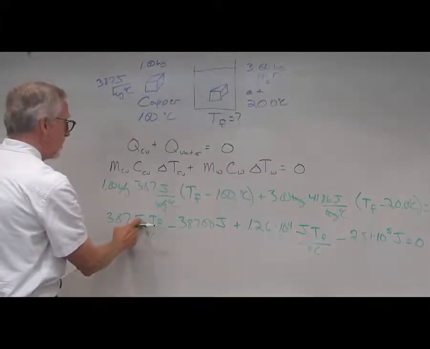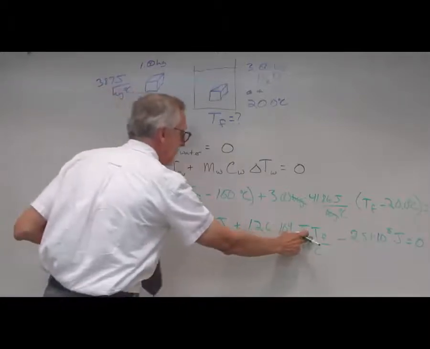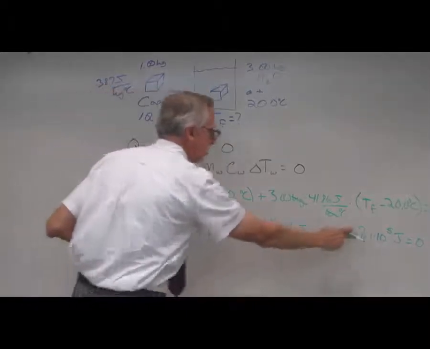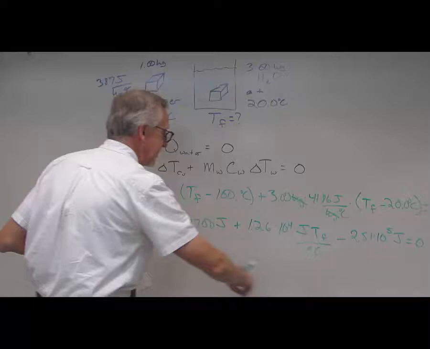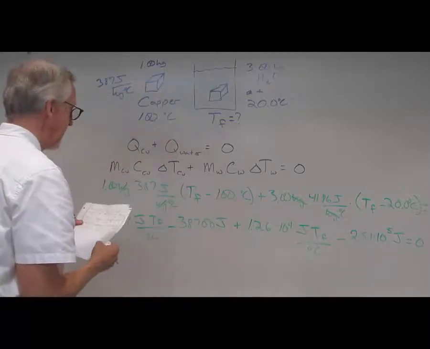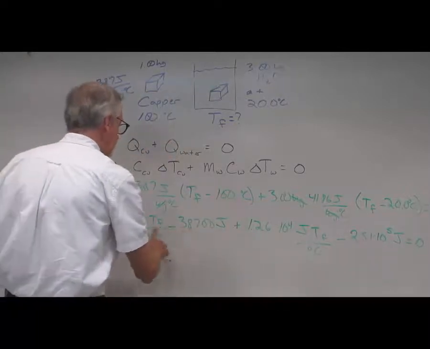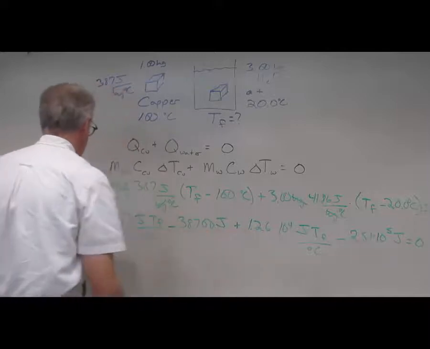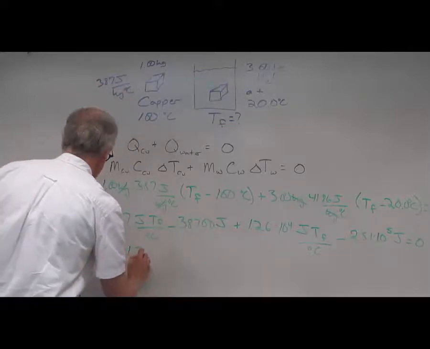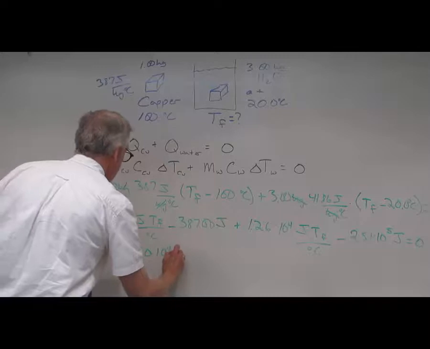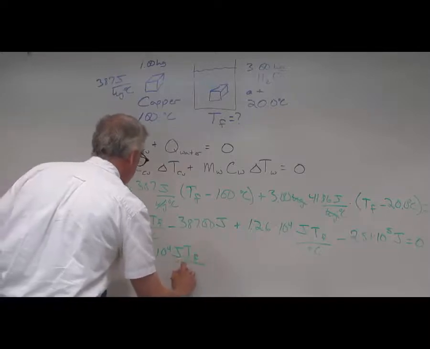All right, so notice we've got a TF term and a TF term here, and a joule term and a joule term here. These are negative. Let's take these and stick them over onto the other side. And what do we end up with? Combine this one and that one, and we get 1.30 times 10 to the 4th joules TF per degree Celsius.